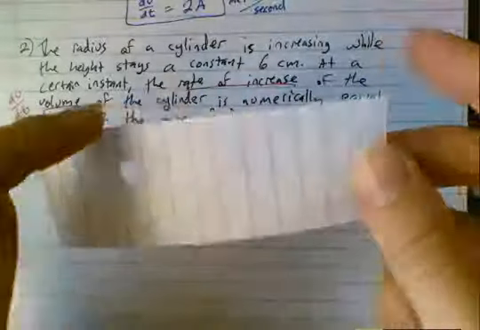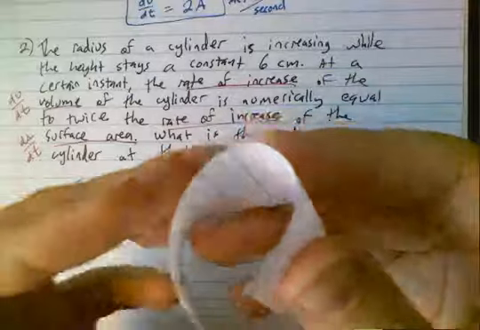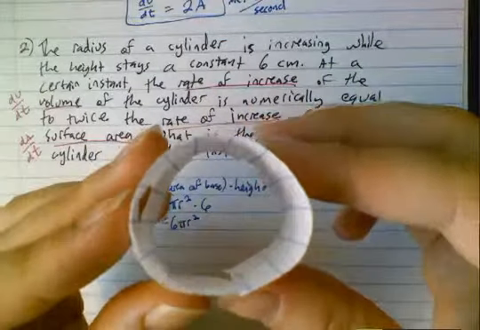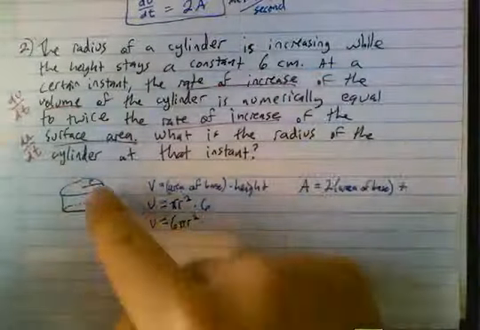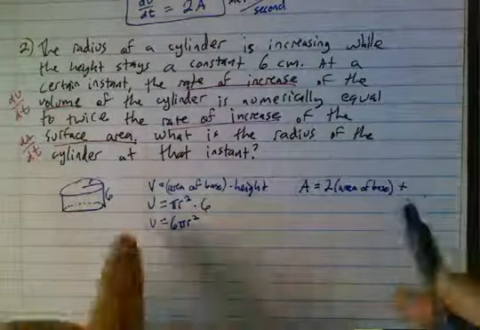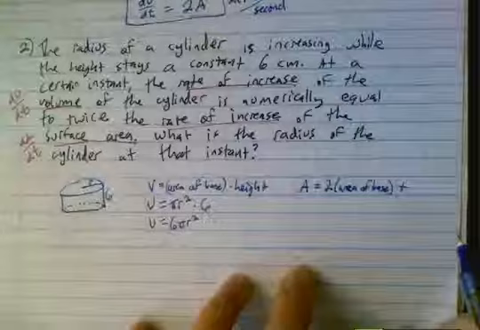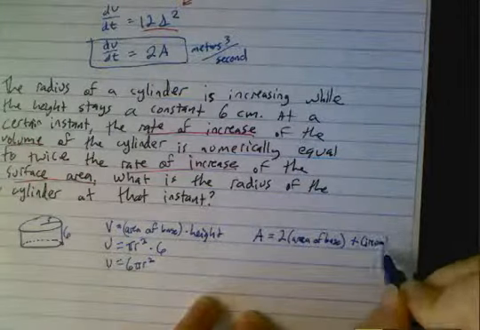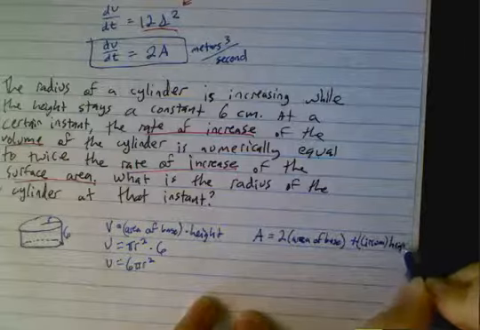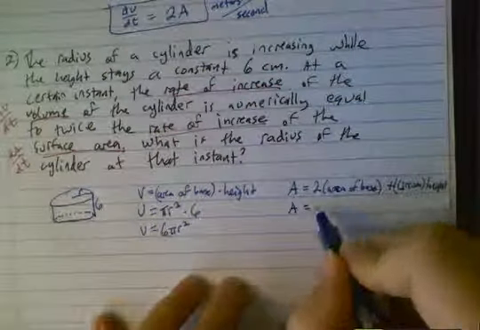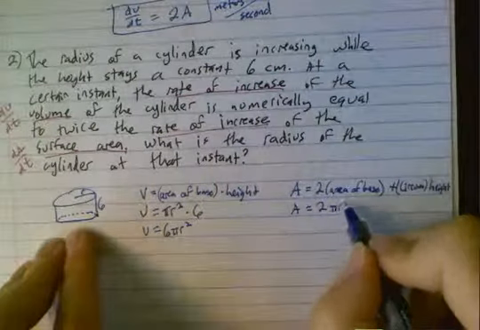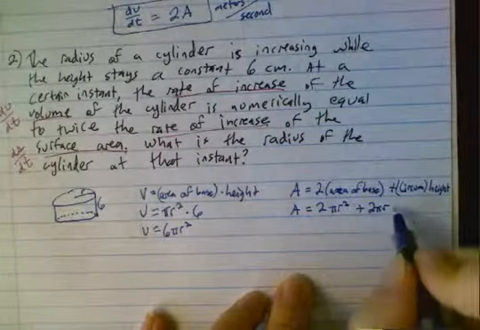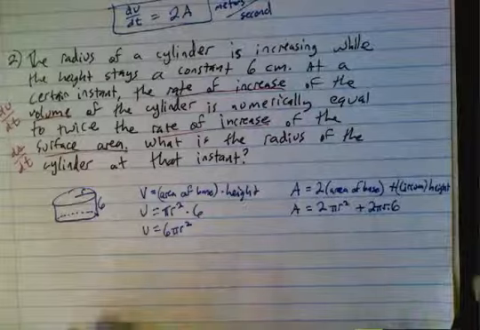And this top width, this distance, notice, is the circumference of that top circle. And this height is the same as the height here. So the circumference of the circle times height. So this is 2 pi r squared, where the area of the base is pi r squared, plus circumference 2 pi r, and height is 6.